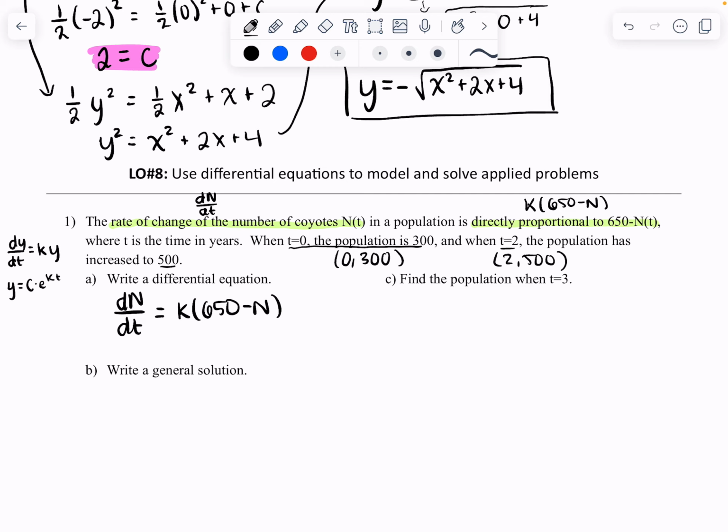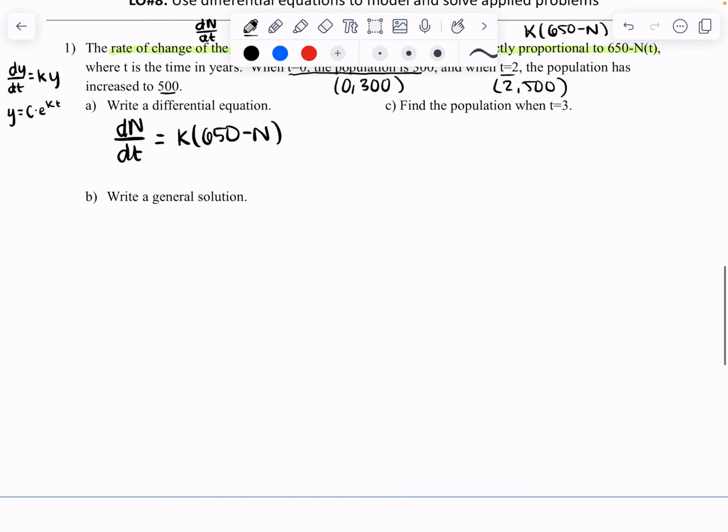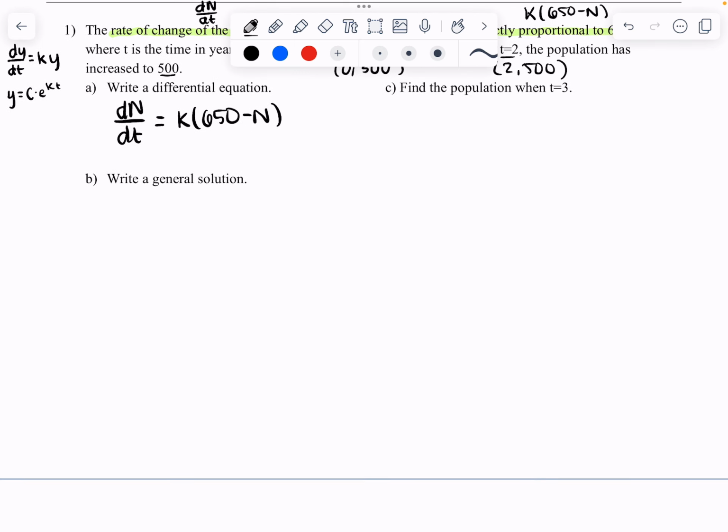This is very much related to that, but it's slightly different because it's not just ky, and so there is a shortcut. We're going to work through it the long way so that you see where that shortcut is coming from. If you feel comfortable going straight to the shortcut, you are welcome to do that, but this is good practice with the calculus part anyway.